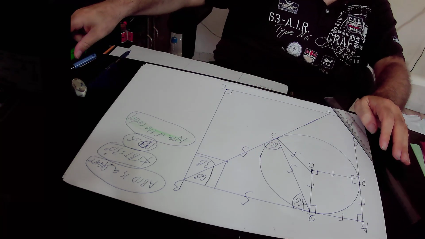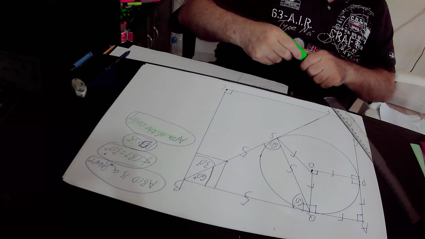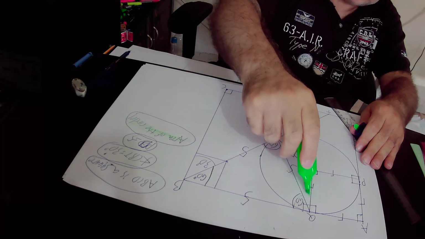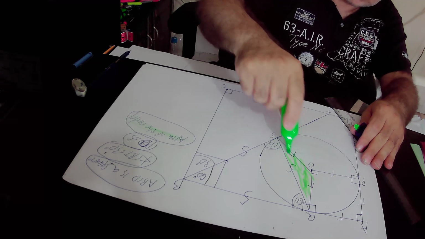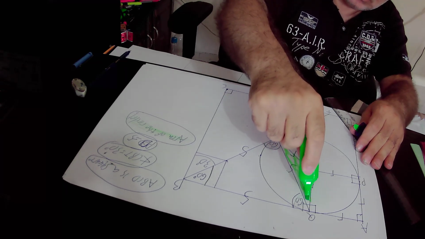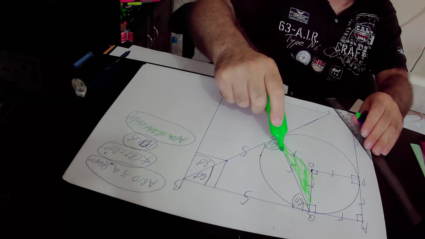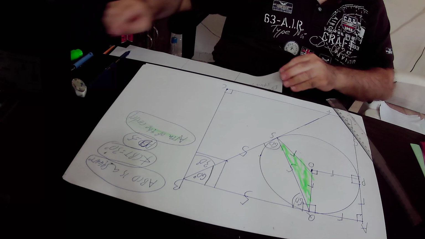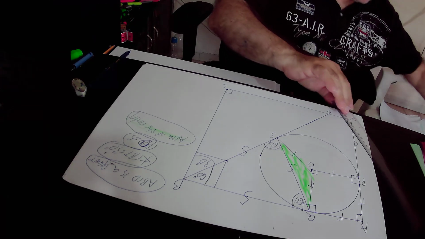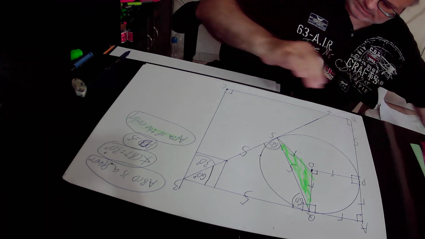In the next step, I will present to you the law of cosines and we will implement it in the green triangle QOS. So what is the law of cosines? The law of cosines is true in any triangle.